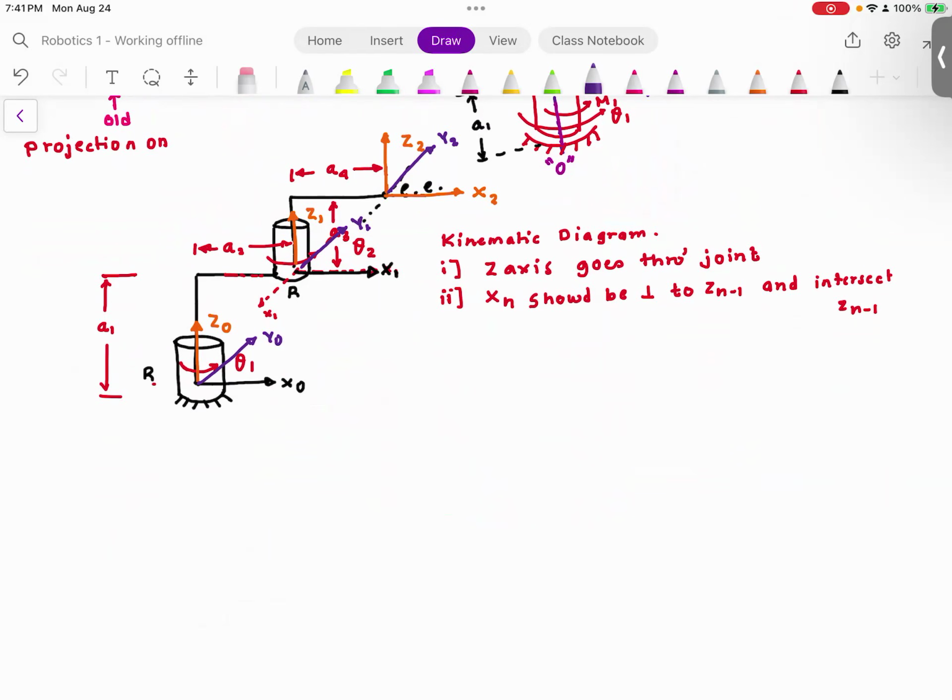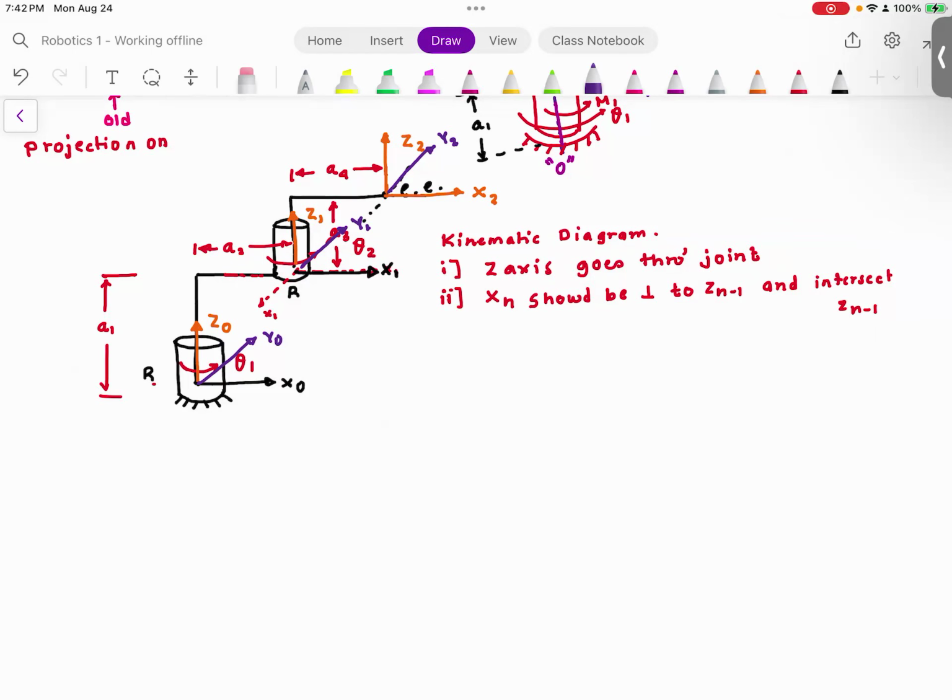For this first problem, I'm going to derive rotation matrices and then the homogeneous transformation. Once you derive the homogeneous transformations correctly, your forward kinematics problem is done. Your forward velocity problem is done. Inverse kinematics problem is done. And even inverse velocity problem is done. So I want you to pay attention to how we derive rotation matrices.